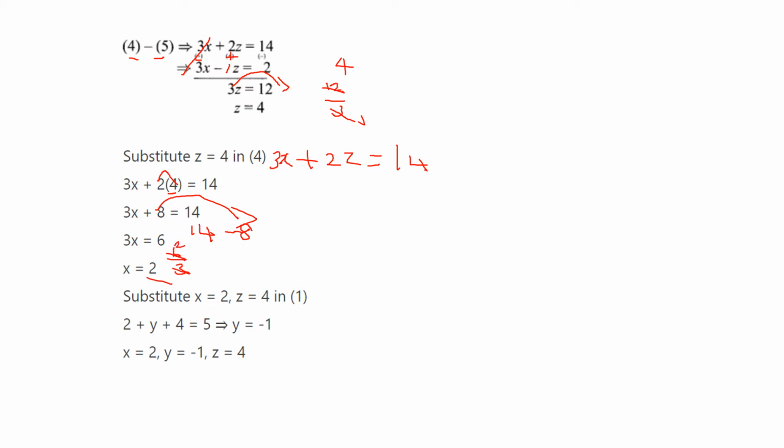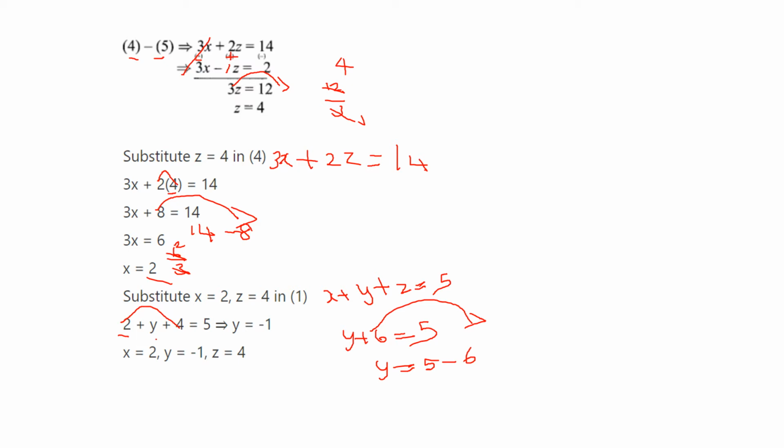Substitute x equal to 2, z equal to 4 in the first equation. That is x plus y plus z equal to 5. So our x value 2 plus y plus 4 equal to 5. 2 plus 4, 6. That is y plus 6 equal to 5. That plus 6 will go to the right hand side, it will come minus. So y equal to 5 minus 6. Here first you take the number only, not the integer sign.